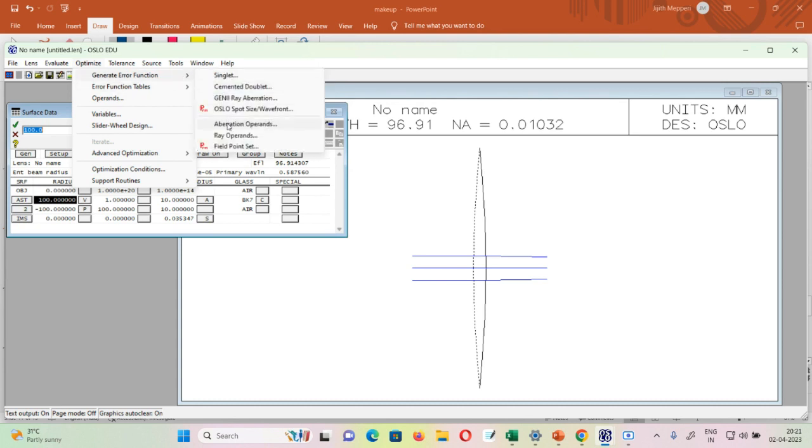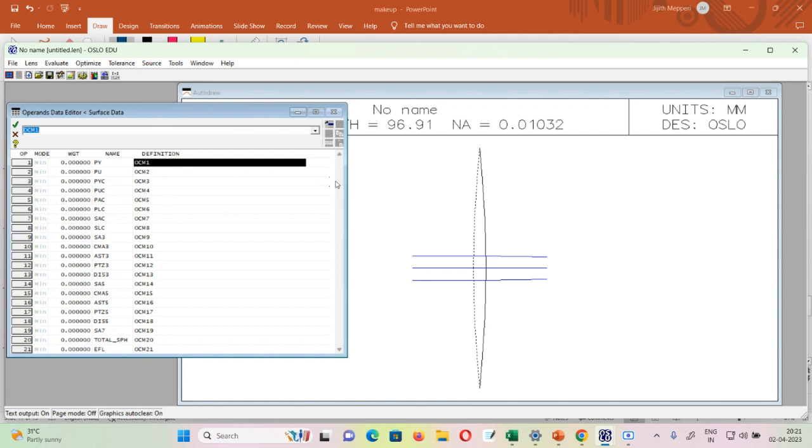We'll go for aberration operands. We can see that there is a particular operand for effective focal length. The weightage I will give 1, and here OCM21, I want a focal length of 100. So OCM21 minus 100 I will give here as a comment.